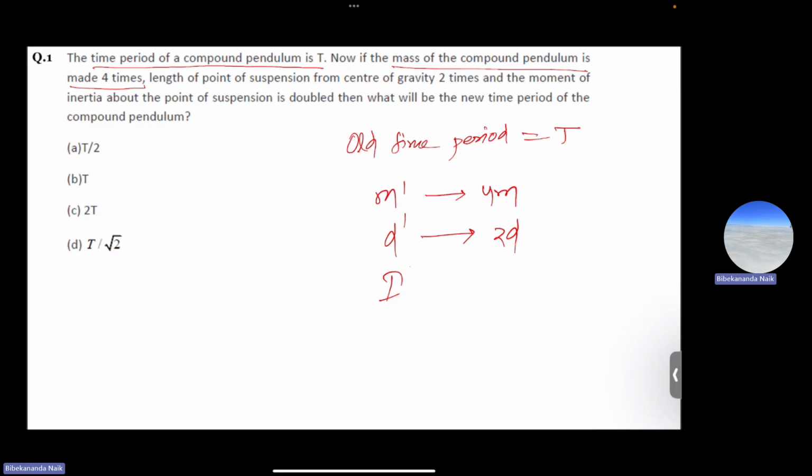Then what will be the new time period that we need to find? I'll give you a few minutes to try to solve this question. Then we will discuss briefly how it will be solved and what the correct option is.